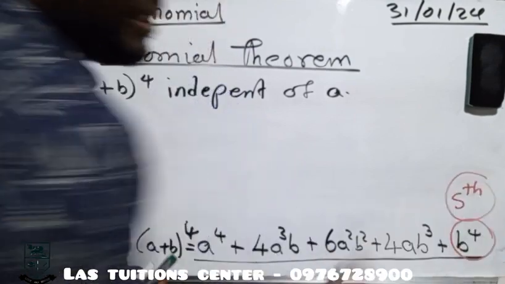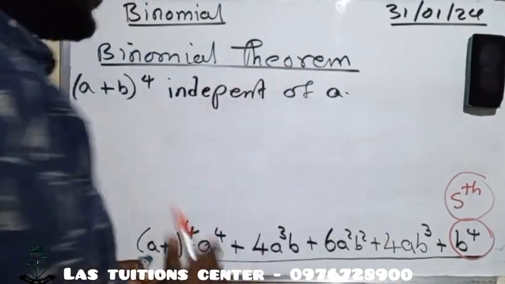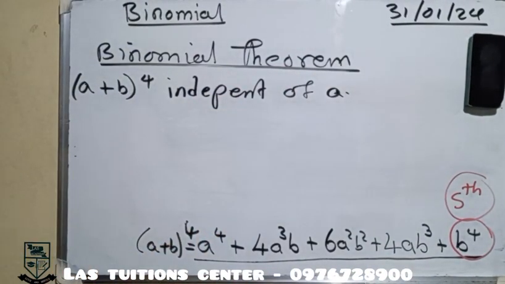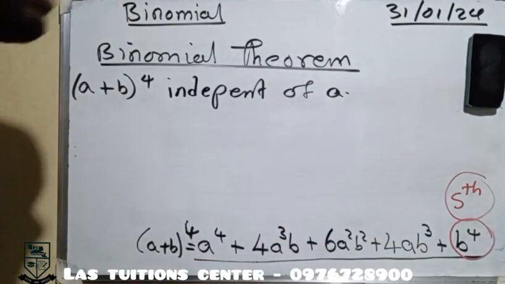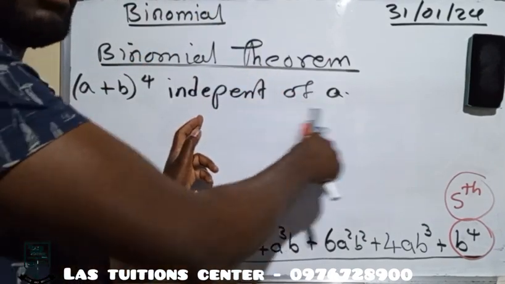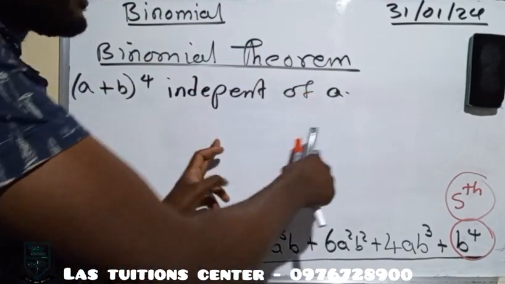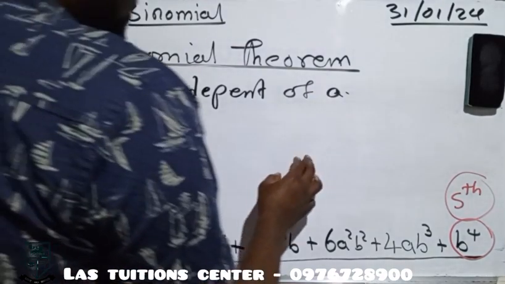Yeah, so b to the power 4 is the fifth term, and this is the term that is independent of x. So now let's see how we can get to this without doing this entire expansion. We're going to use that small part of the binomial theorem formula, that small part which I mentioned we need to pay particular attention to. That's the one we're going to use to get to this.